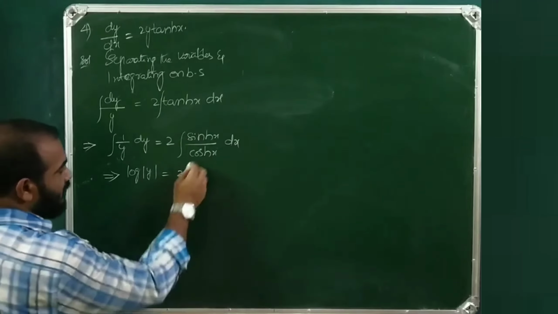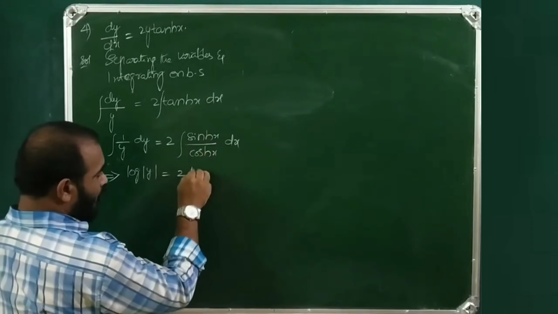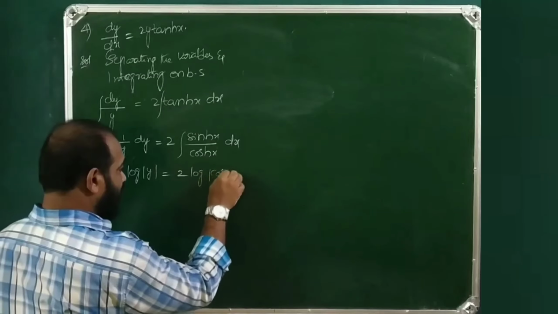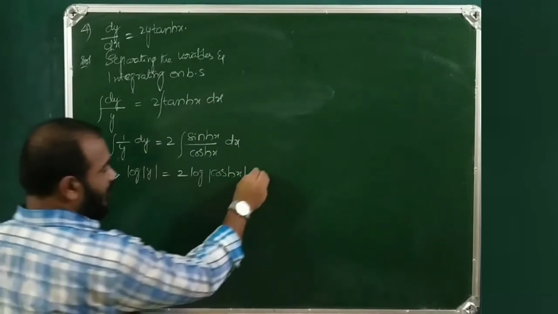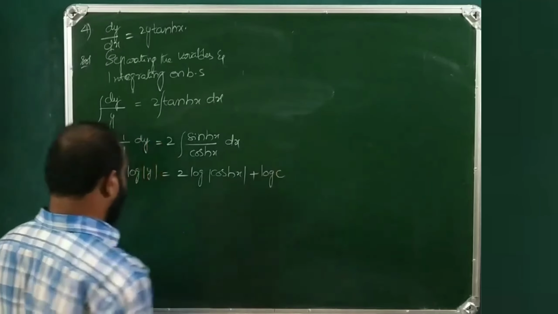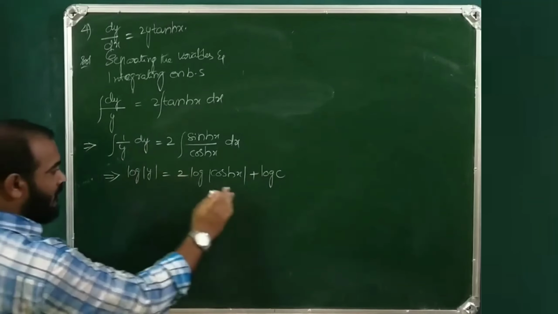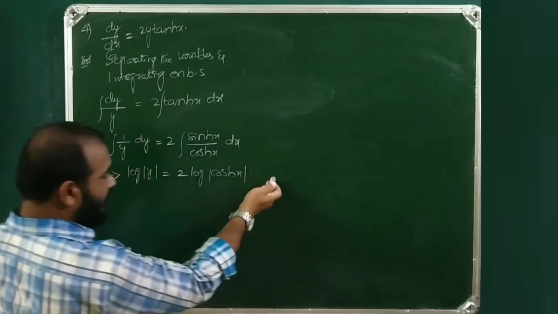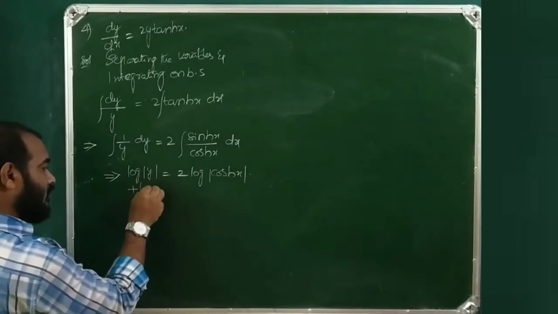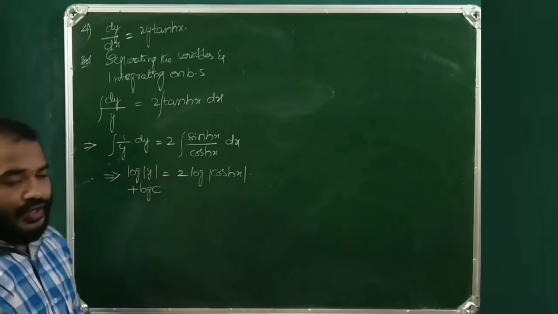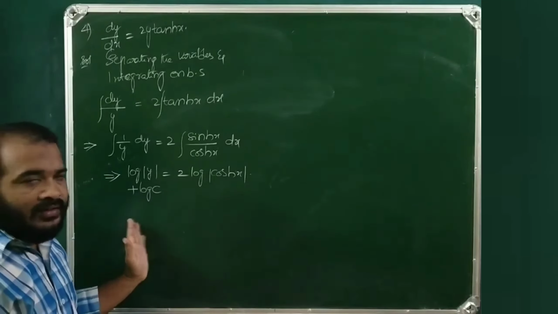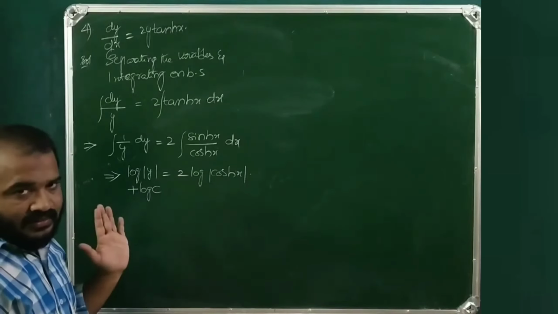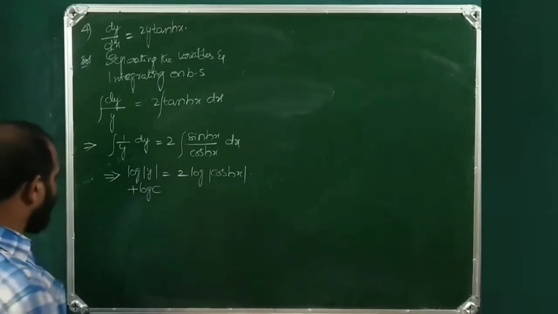So this is f'(x) by f(x), log cosh x, plus constant of integration. I will add log c here. Otherwise I can even add this log c on the LHS also, because if I want the textual answer I have to add on the LHS side. That is also correct, I am telling you.